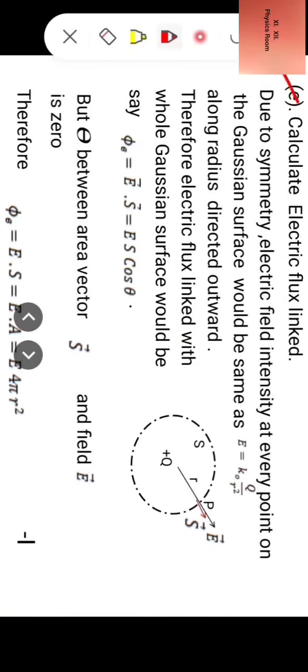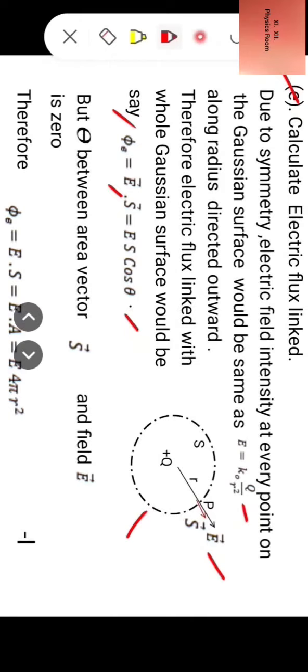E. Calculate electric flux linked. Let us calculate the electric flux linked with the Gaussian sphere. Now, due to symmetry, electric field intensity at every point on the Gaussian surface would be the same, E equal to K naught Q by r square, along the radius directed outward. Therefore, electric flux linked with the whole Gaussian surface would be phi E is equal to E dot S, or it is equal to mod E mod S cos theta.